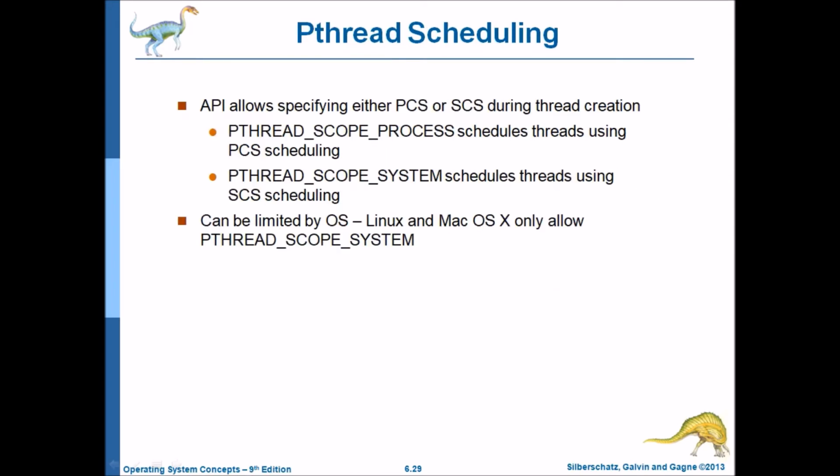Next, we go to pthread scheduling. The pthread library provides for specifying scope contention. So we have PTHREAD_SCOPE_PROCESS, which schedules threads using PCS by scheduling user threads onto available lightweight processes using the many-to-many model.